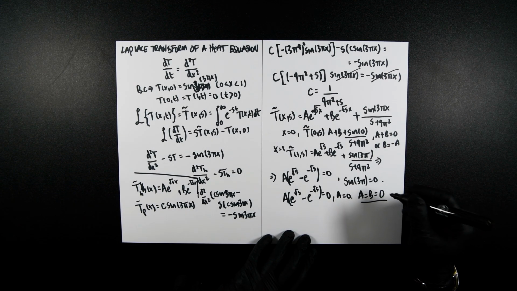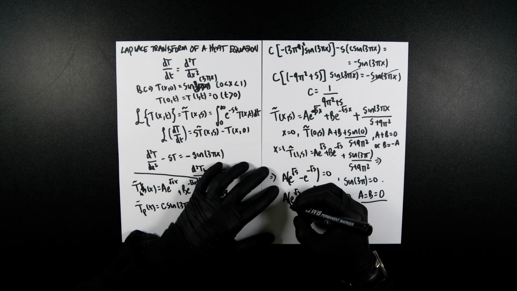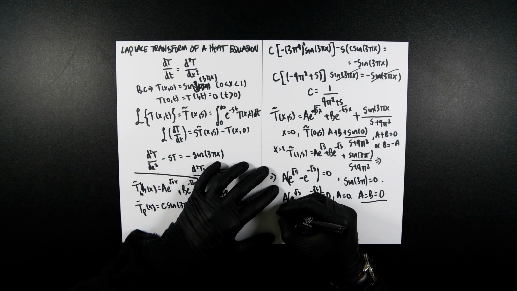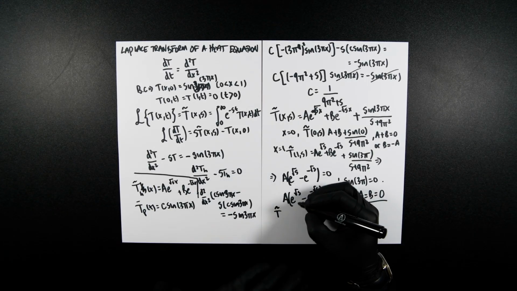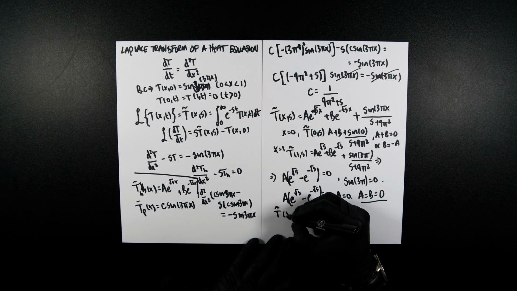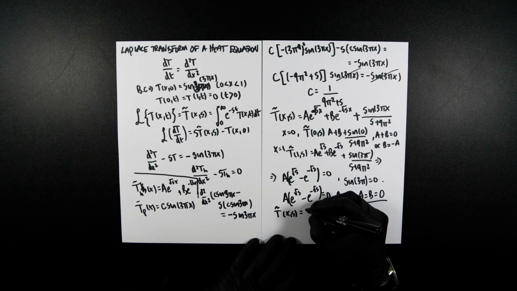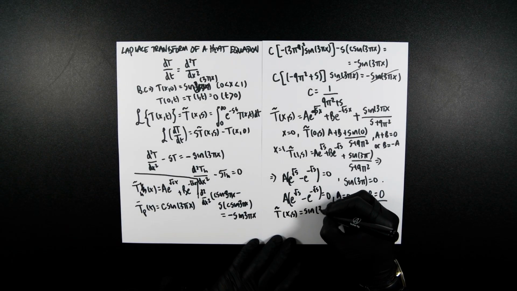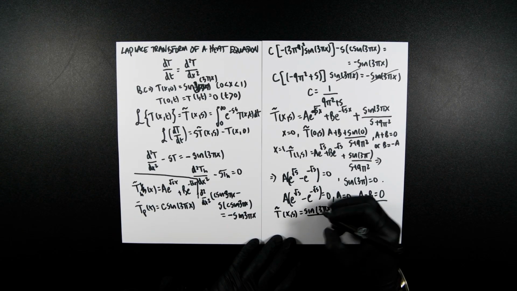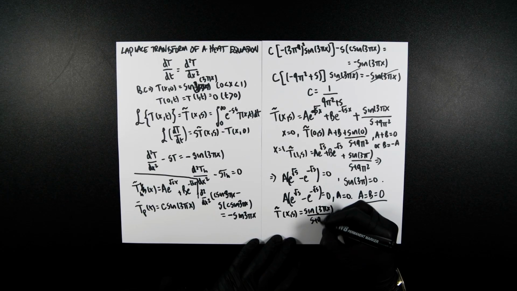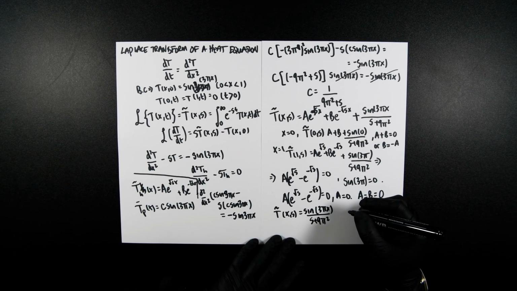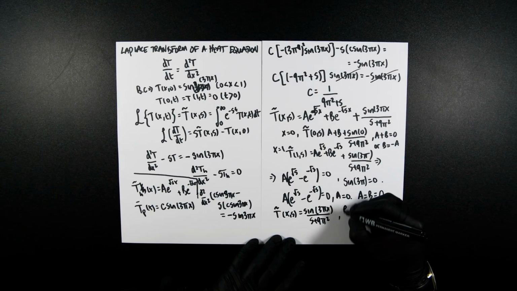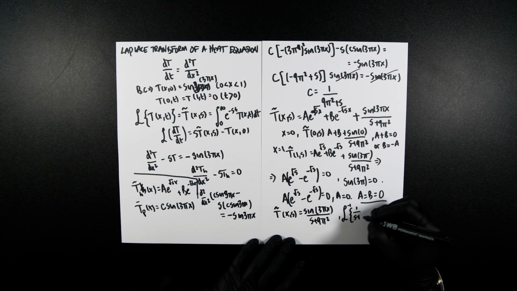So the simplified solution is going to be T(x,s) equals sine 3 pi x divided by s plus 9 pi squared. But we now have to remember the inverse Laplace of 1 over s plus a.